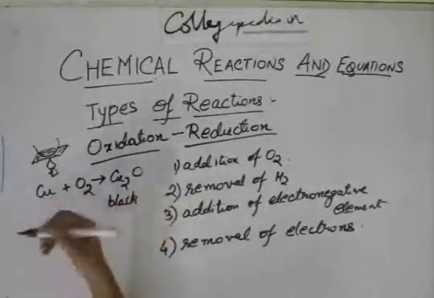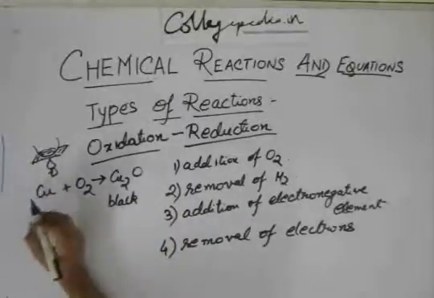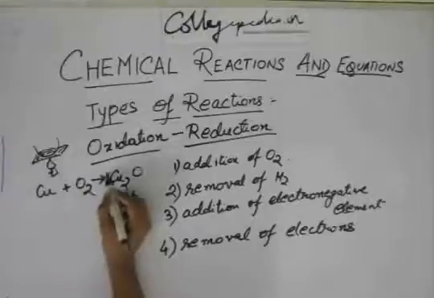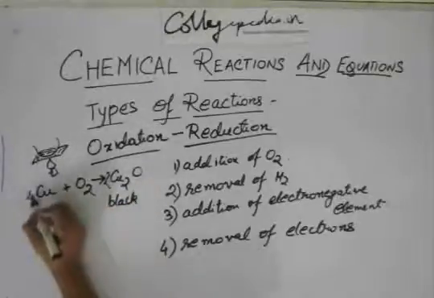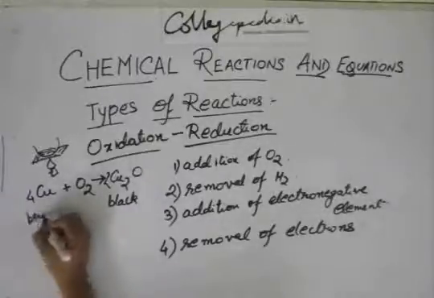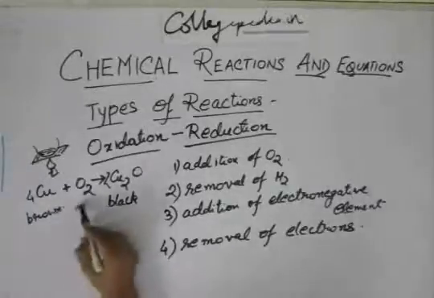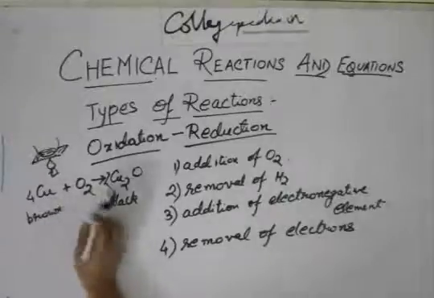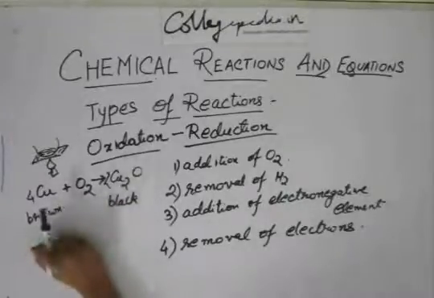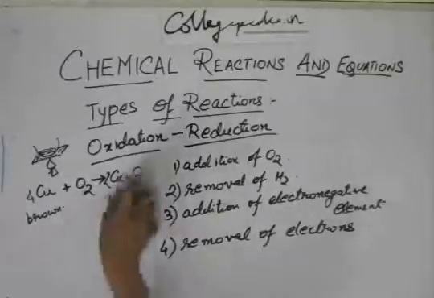So the brown color will change to black, and the reaction is this, and the balancing is this. So in this reaction, oxygen is getting added to copper and it's forming copper oxide. So this is your oxidation.